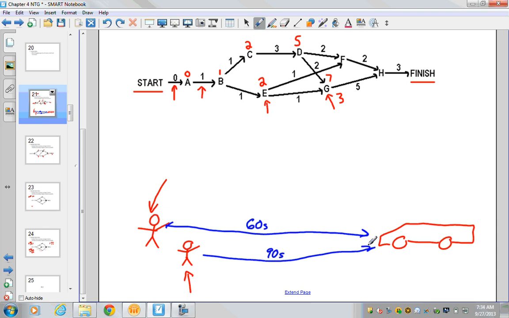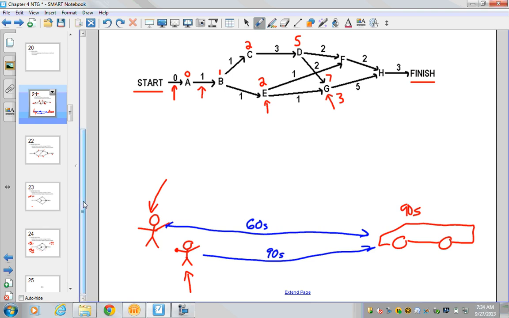At what time would the car actually start? Well, here's the problem. My friend has the car keys. So even though I would get there quicker, the car isn't going to be cranked until we hit the 90-second mark. Okay. So in other words, the slowest person, that's what time we're going to use.